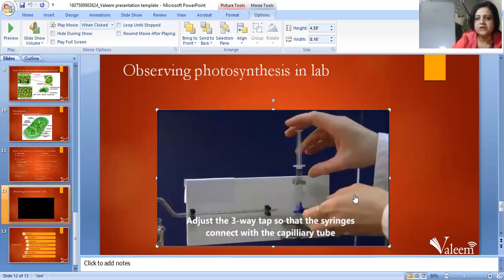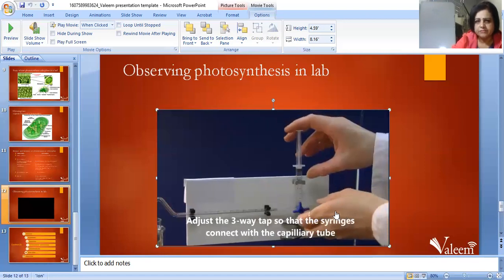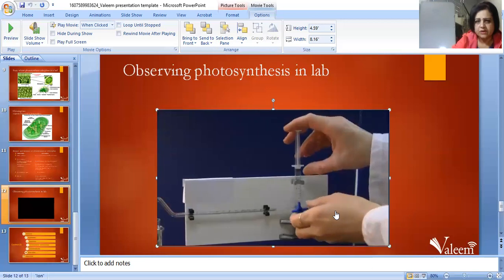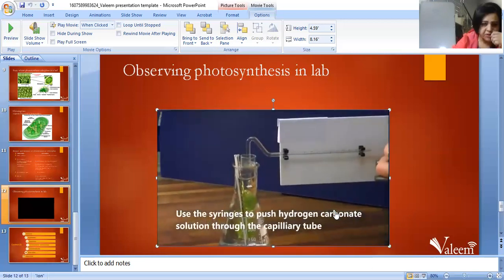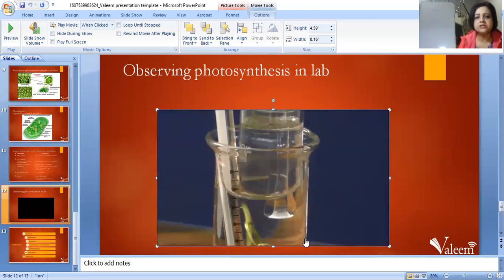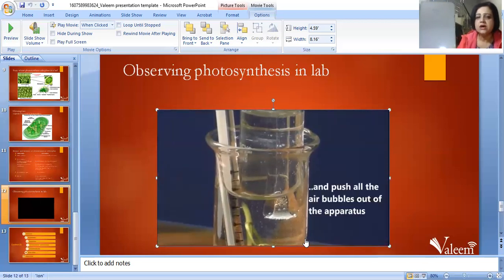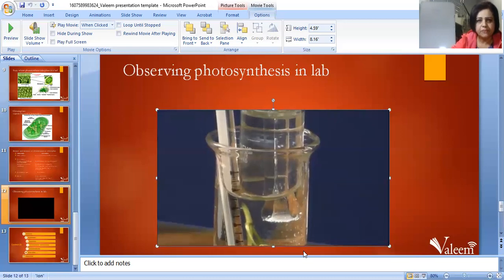This is how they have attached a syringe to the capillary tube. In presence of hydrogen carbonate, it means it has plenty of carbon dioxide, so photosynthesis will take place.